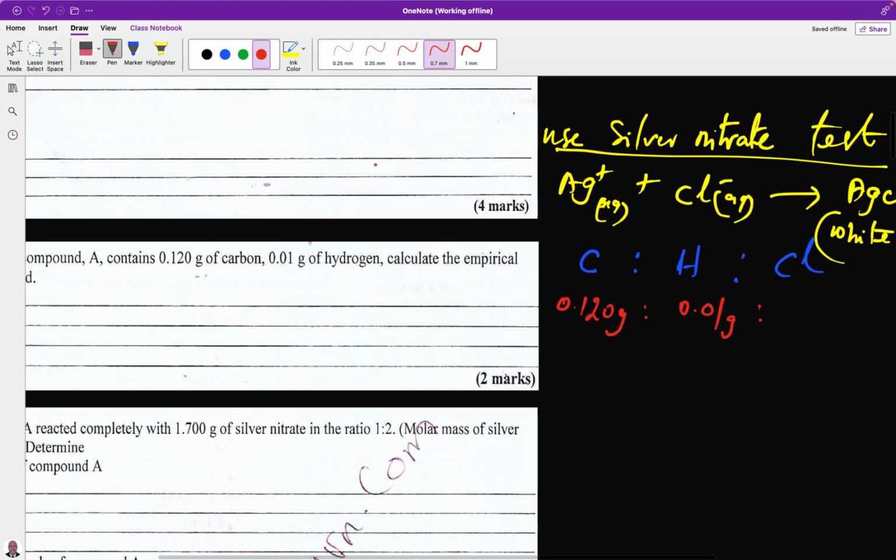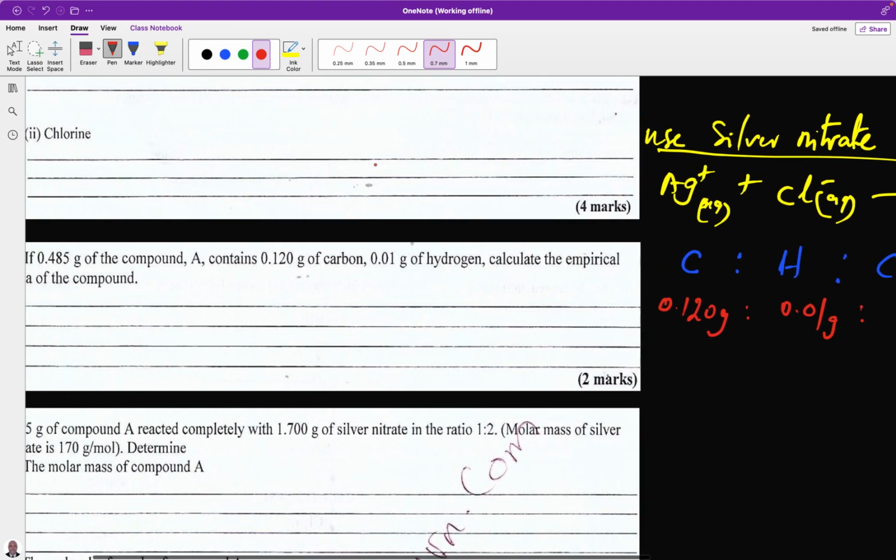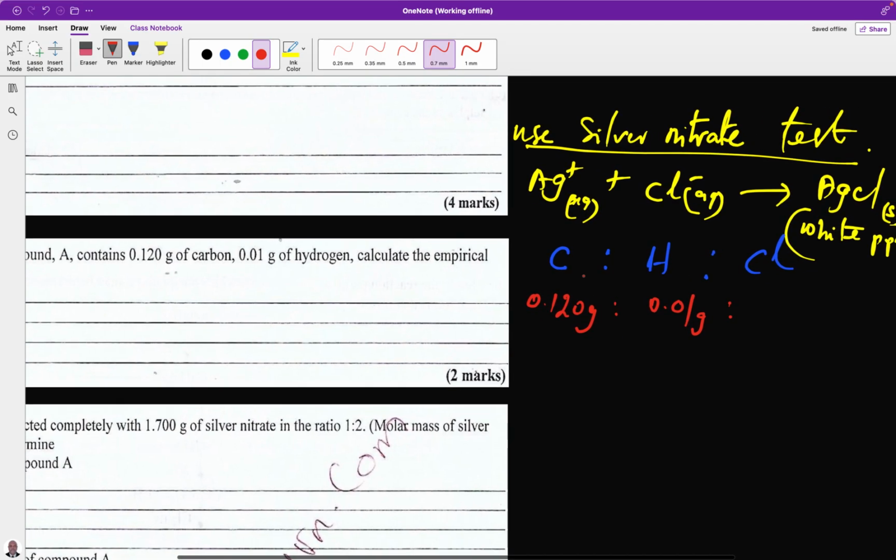To get it, it will be 0.485 minus 0.120 gram and 0.01 gram. The difference there will be 0.355 gram.